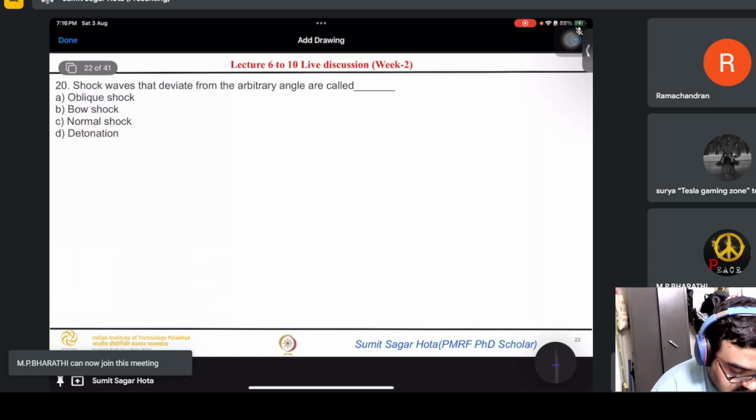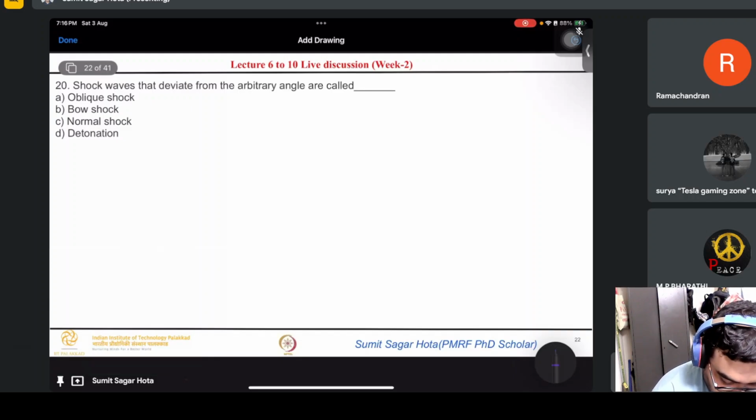So we go to the next question. Obviously this is a very simple question, because I already discussed everything about shock waves. This is an oblique shock. There are three kinds of shock: the oblique shock, bow shock, and normal shock, and the bow shock is the most powerful one.